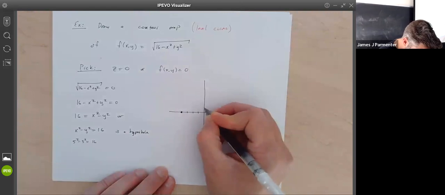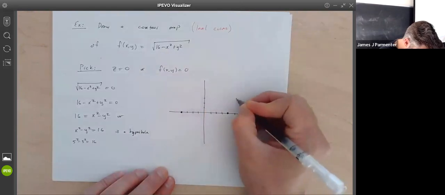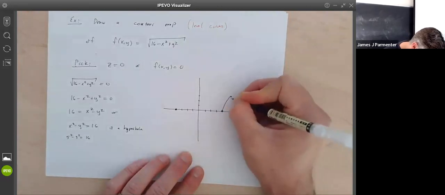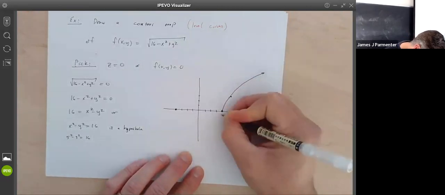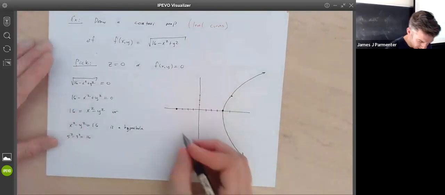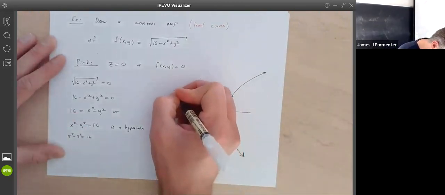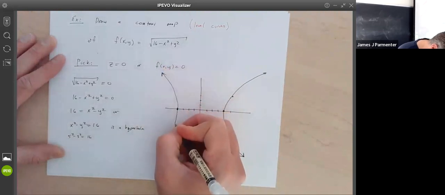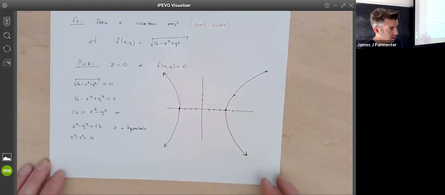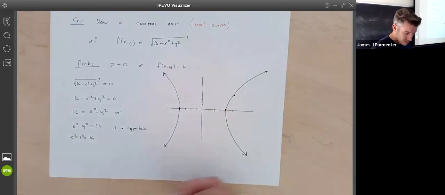So here's what this thing looks like. And the same kind of thing on the other side. It should be symmetric. It's not quite the way I've drawn it.